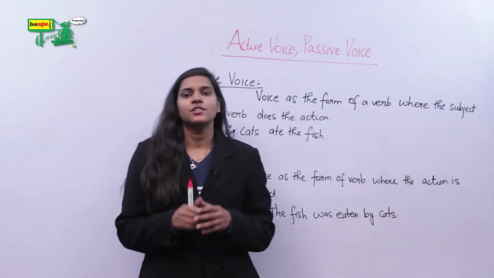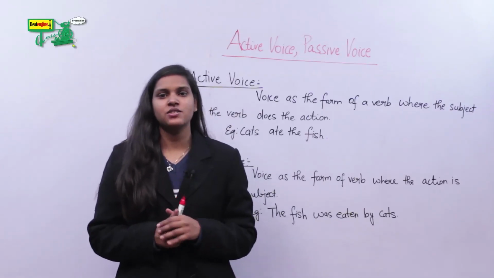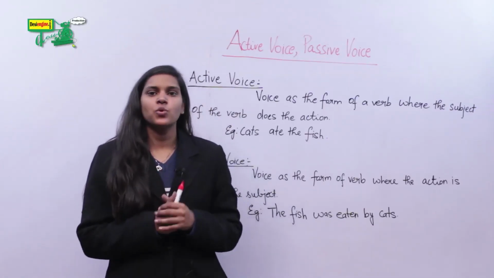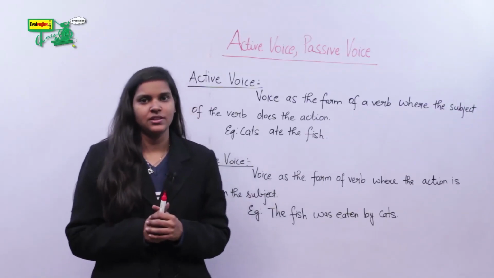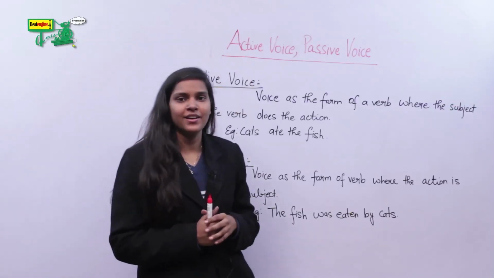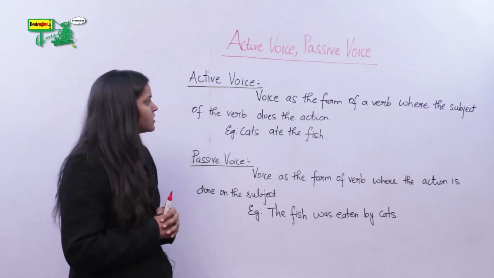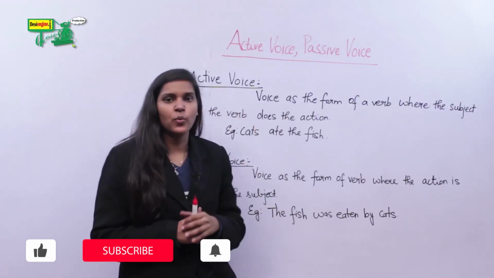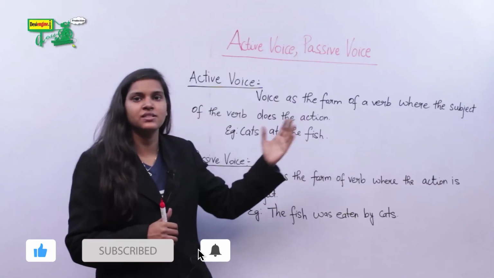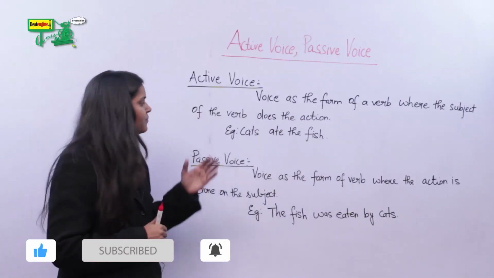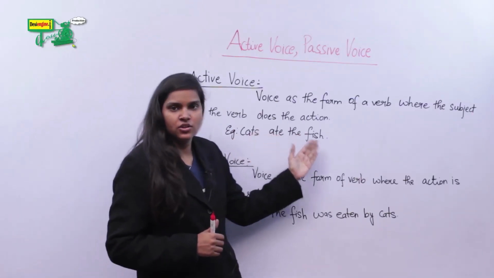Hello friends, the topic of discussion today is voices. Every verb has two kinds of voice, that is active voice and passive voice. What is active voice? Active voice is the form of a verb where the subject of the verb does the action. For example, cats ate the fish.